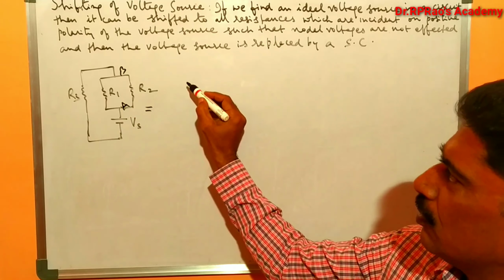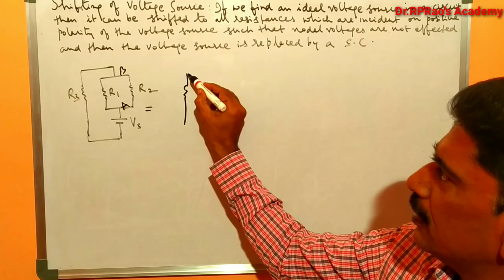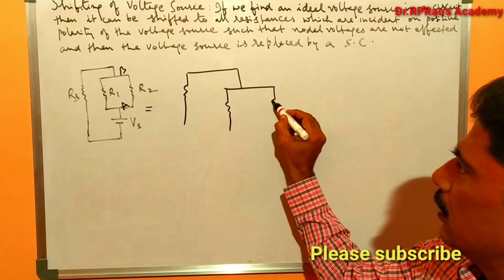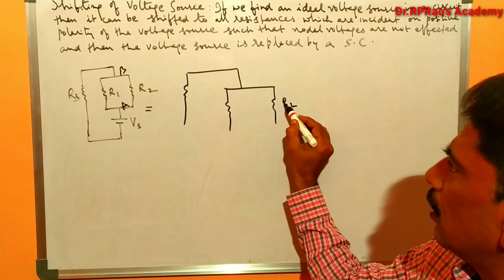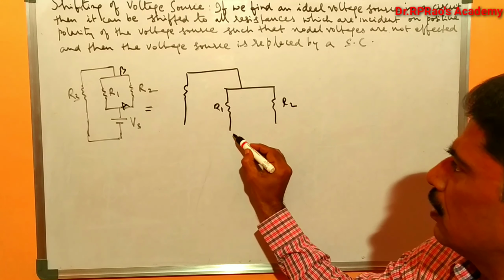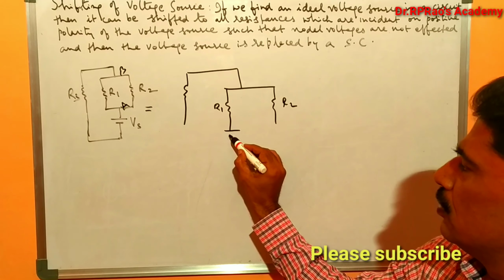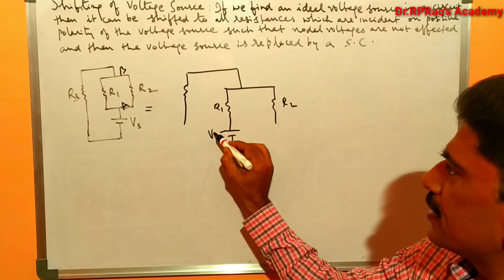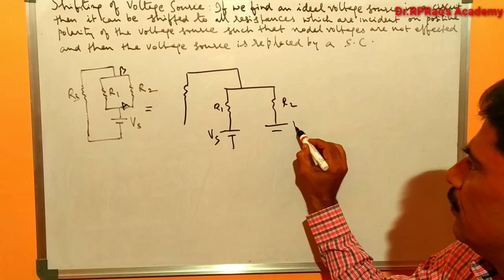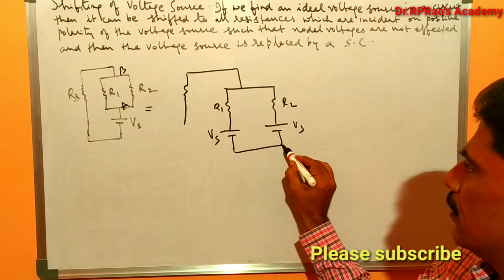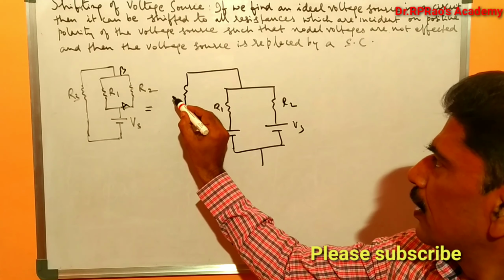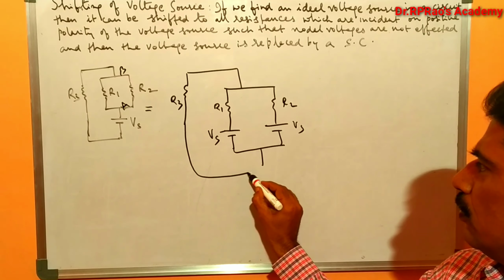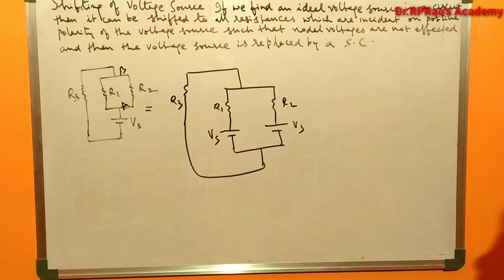So the circuit will become like this: R3, R1, R2, and the battery Vs is moved through this node A. Okay, and this is R3, and after moving, we are replacing that voltage source by a short circuit.